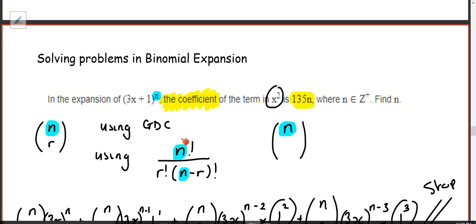So there's a tip for exams: use what they say. If it says the coefficient in the question and it's a problem solving question with n's, you're going to have to use the formula. You're not going to be able to use your calculator in this kind of situation. So certain things like that.